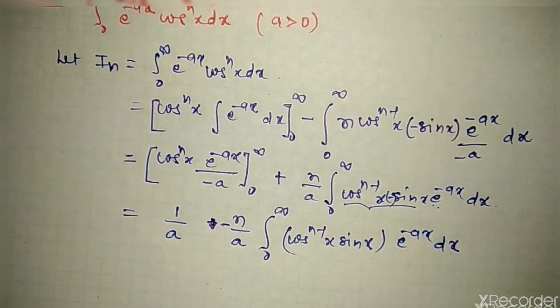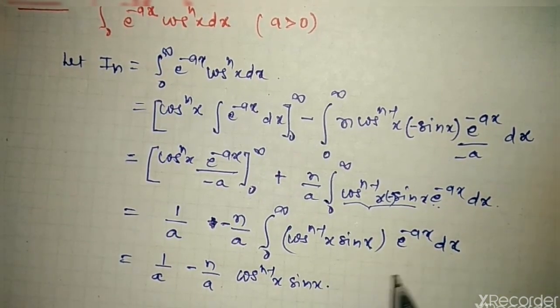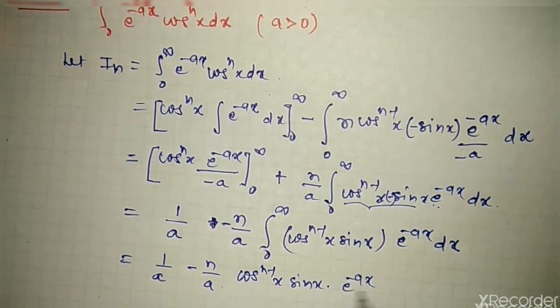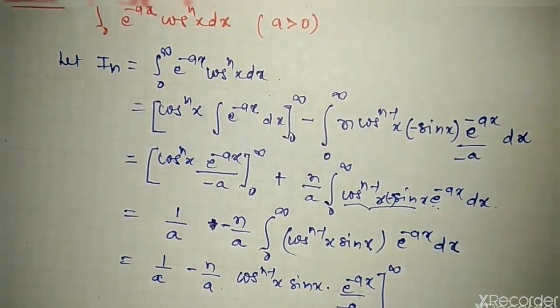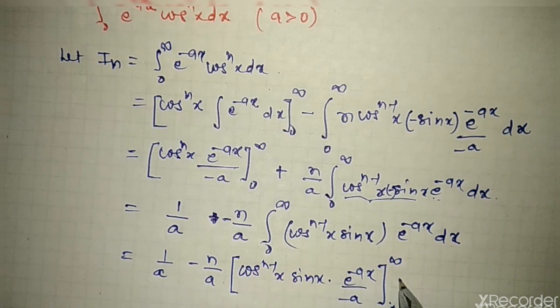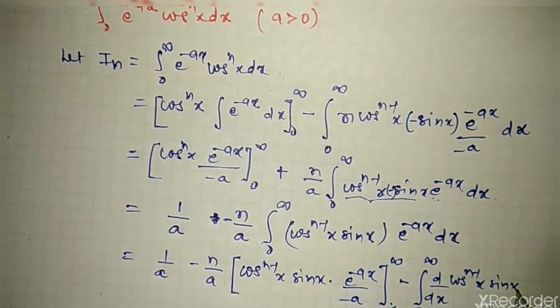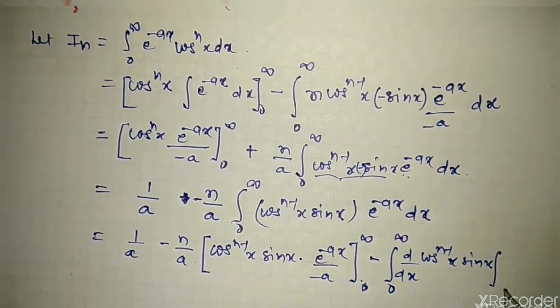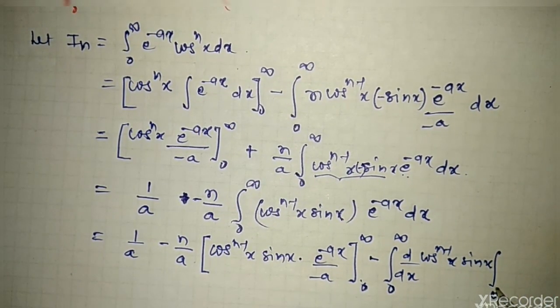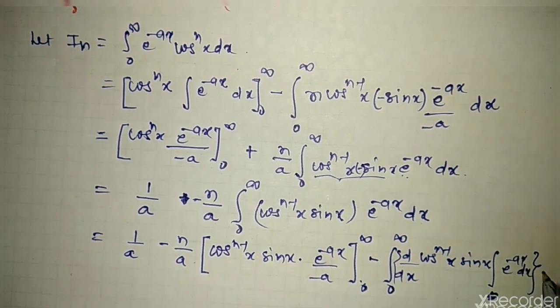Now again we apply by parts. So we get 1 by a, then minus n by a, cos^(n-1)x sin x, and on integrating e to the power minus ax we get e to the power minus ax divided by minus a from 0 to infinity, and then minus the integral from 0 to infinity of the derivative of cos^(n-1)x sin x times the integral of e to the power minus ax dx, the whole dx.